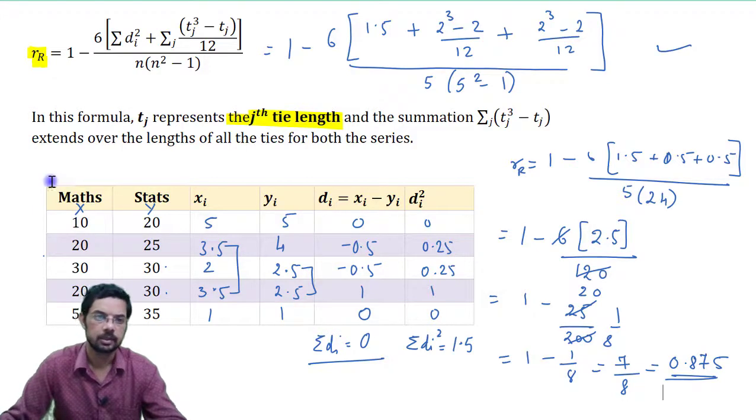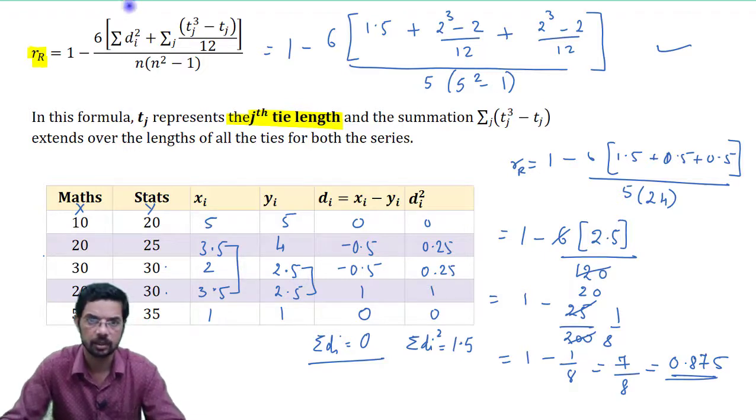That's it. So therefore the formula is RR is equal to 1 minus 6 into sigma di square plus sigma over j of the tie terms, where j will be the count of the number of ties. So this is one tie, this is another tie. So we need to repeat it that many times.